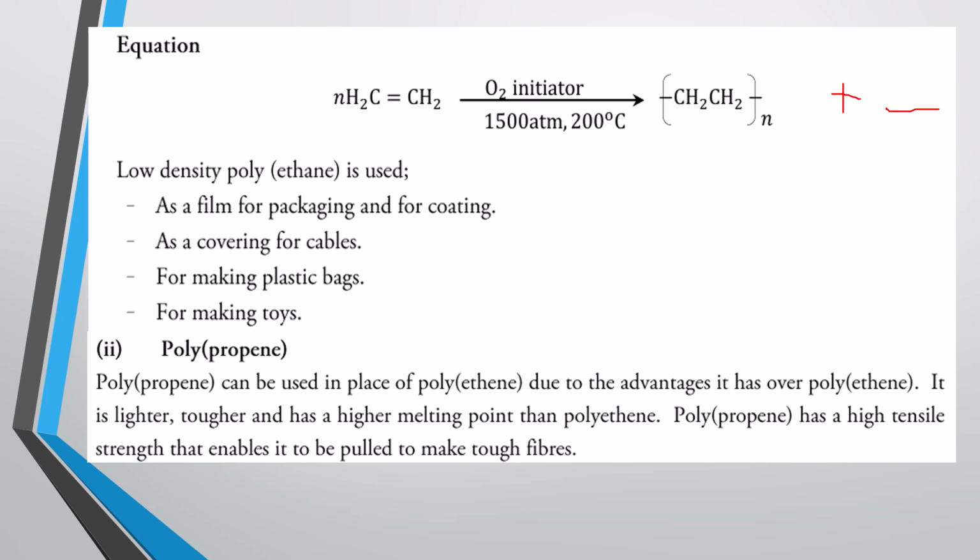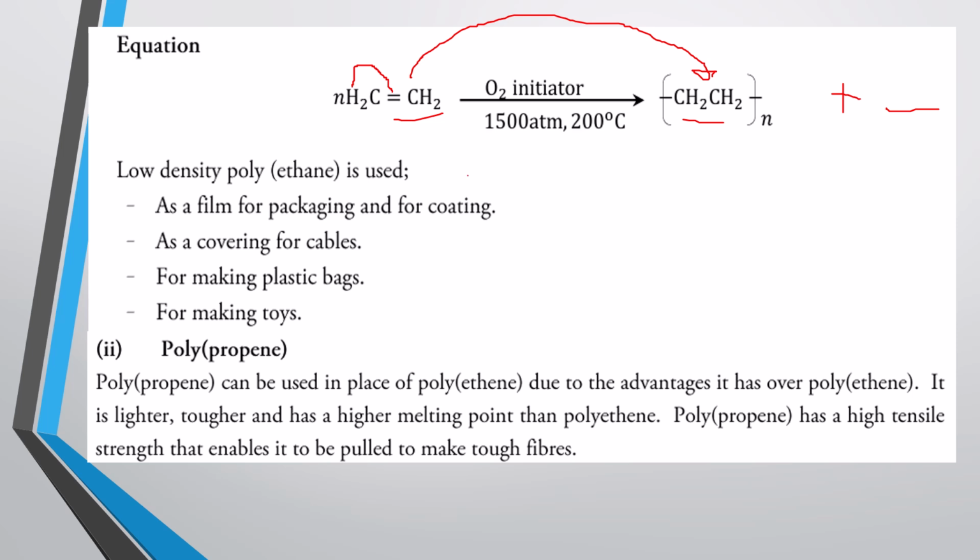And secondly, for addition polymerization, the monomer has the same empirical formula as the polymer. If you look at the monomer, we have CH2CH2. And if you also look at the polymer, we have CH2CH2. That also confirms addition polymerization.